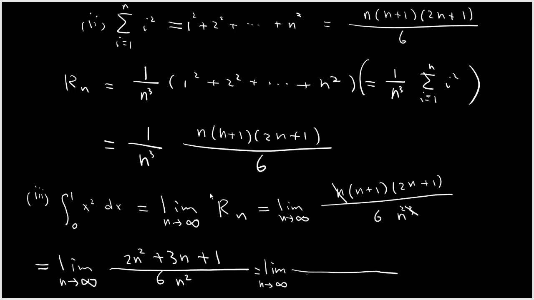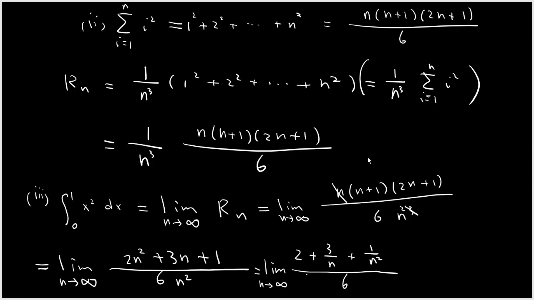I'm running out of space a little bit, so catch up one step. You divide the numerator and the denominator by n squared. On the denominator you have 6. On the numerator you have 2, and then plus 3 over n, and then plus 1 over n squared.